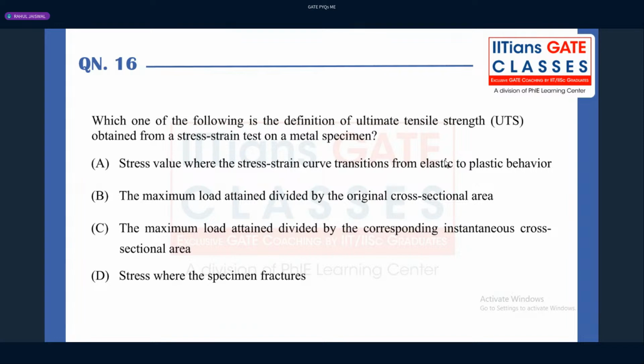The first option is the stress value where the stress-strain curve transitions from elastic to plastic behavior. Option B is the maximum load attained divided by original cross-sectional area. Option C is the maximum load attained divided by corresponding instantaneous cross-sectional area, and option D is the stress where the specimen fractures.